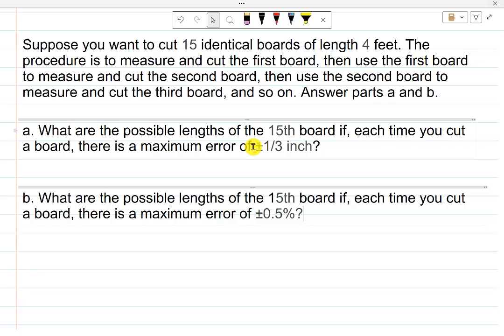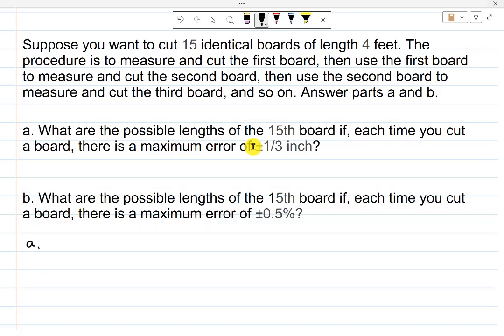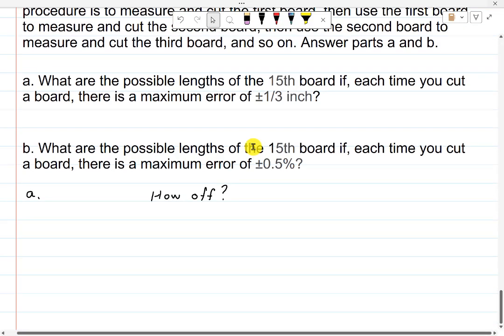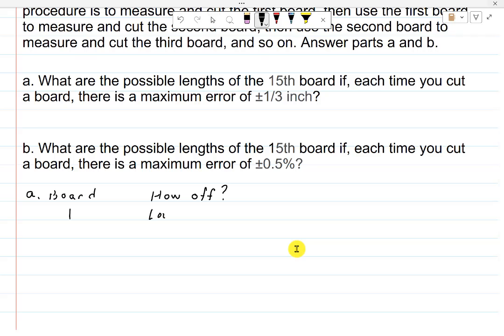Well, let me draw a few things here. For part A, let me look at how off, and then we'll take a look at the board numbers. So board 1 can be 4 feet, but plus or minus 1/3 of an inch. So let's keep a low and high end on this.